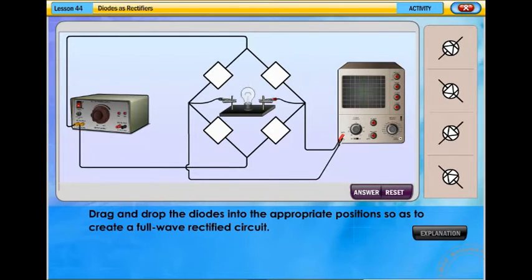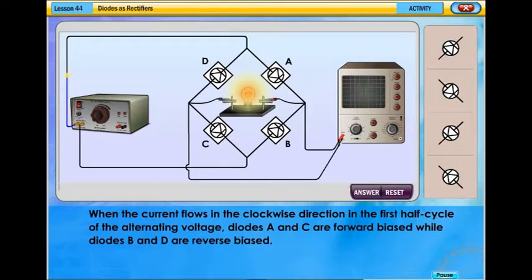When the current flows in the clockwise direction in the first half cycle of the alternating voltage, diodes A and C are forward biased, while diodes B and D are reverse biased.